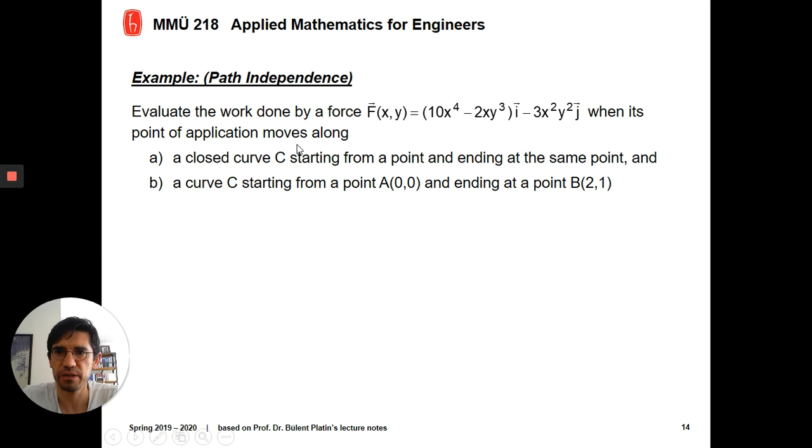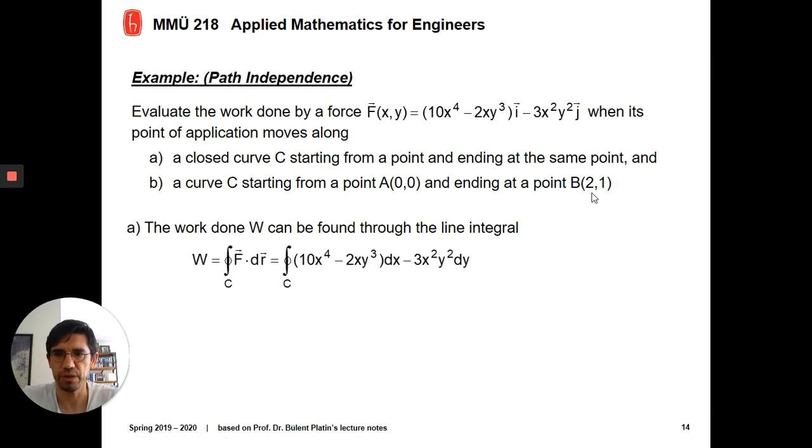It's a vector field on a closed curve, and I'm starting from a random point and ending at the same point. What will be the work done by moving like that? Or a special curve starting from the origin and ending at point (2,1). So let's see how it goes.